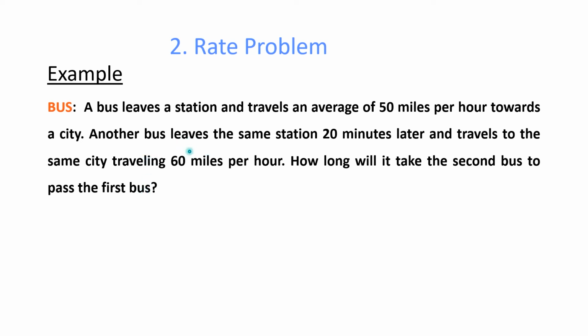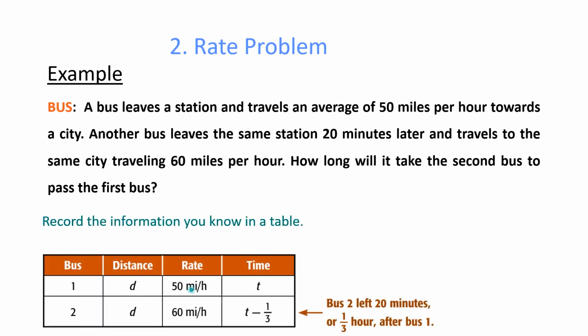The first step is to record the given information on a table and then we need to frame the equation using the recorded data. Let's look at the table now. Here is our table. The table consists of 4 columns and 2 rows. The first column is to enter the details of the bus.